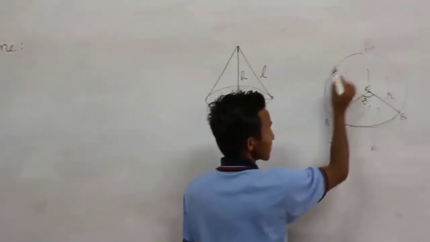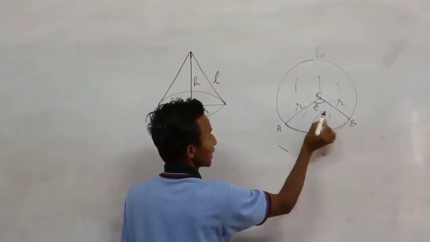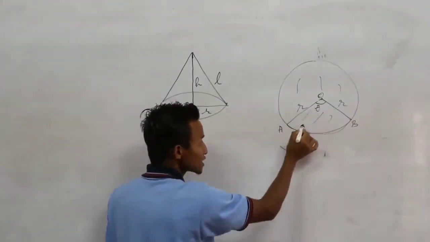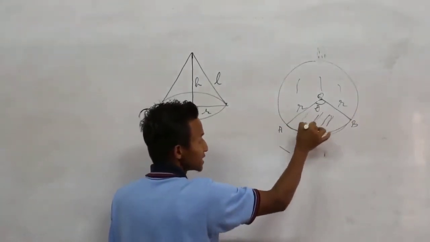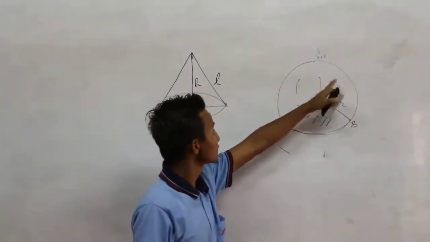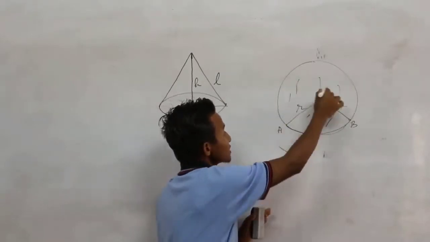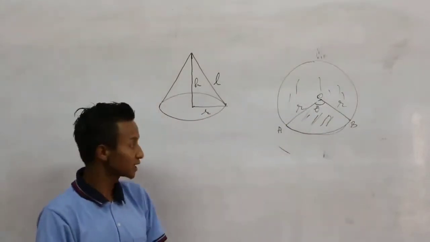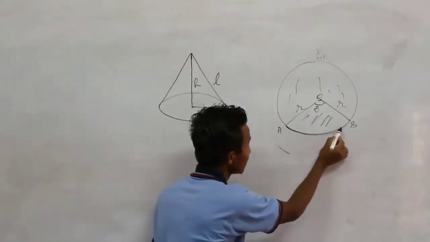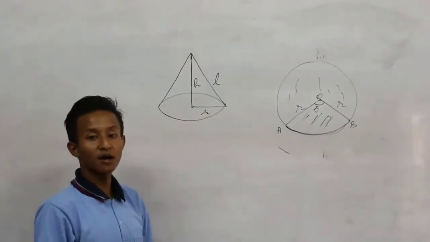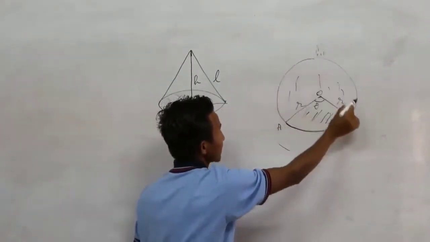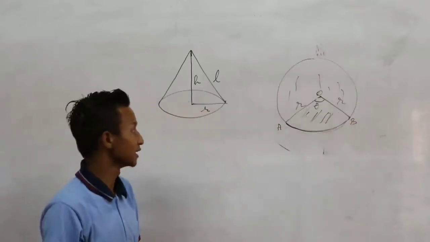This is a circle of radius R. This is also of radius R. And this part is called the minor sector of a circle, and this part is called the major sector of a circle. And this arc AB is called the minor arc of a circle, and this other arc is called the major arc of a circle.